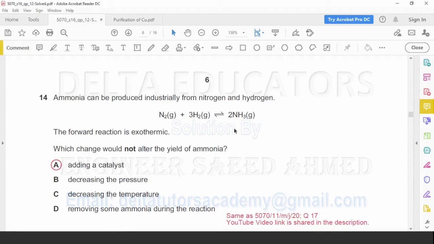So B, C and D are not the correct options. By decreasing the pressure, decreasing the temperature, or removing some ammonia, the equilibrium will be disturbed, and the yield of ammonia will be altered. So B, C and D are not the correct option. Correct option, option A.